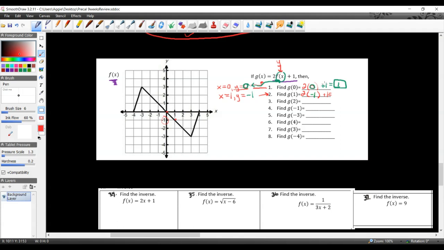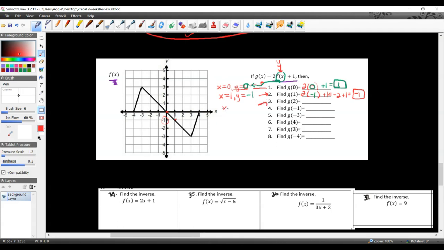So that's going to be 2 times negative 1 is negative 2. So negative 2 plus 1 is equal to negative 1. Okay, so this second one is also equal to -1. So far a lot of these are pretty similar because this is pretty linear even though it's negative.